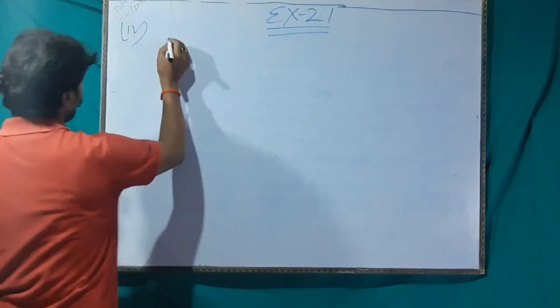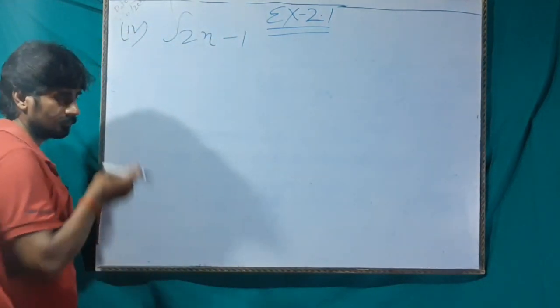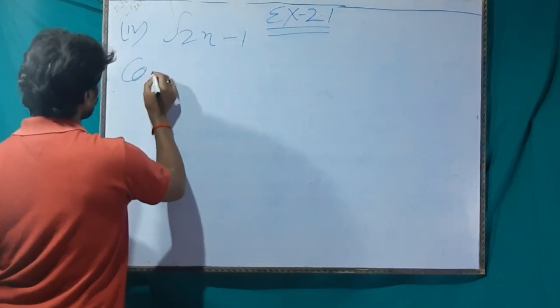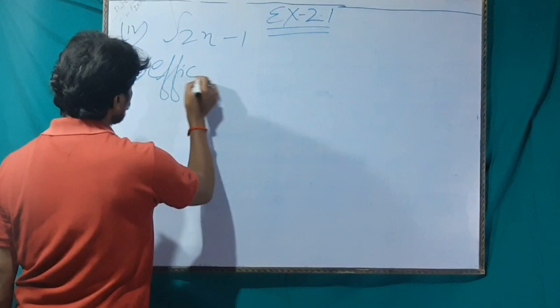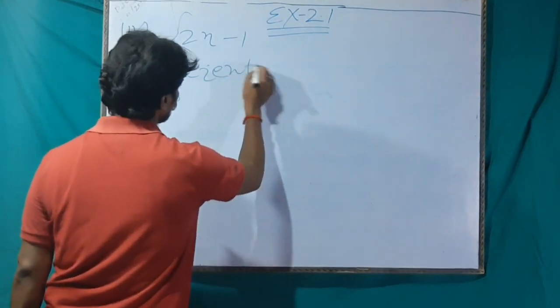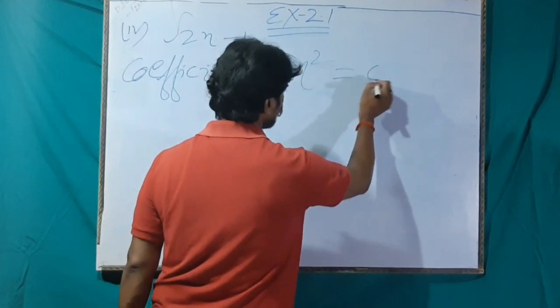Fourth, root 2 x minus 1. Coefficient of x square is equal to 0.